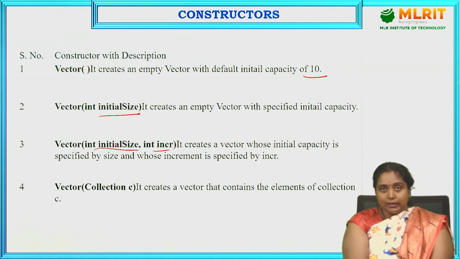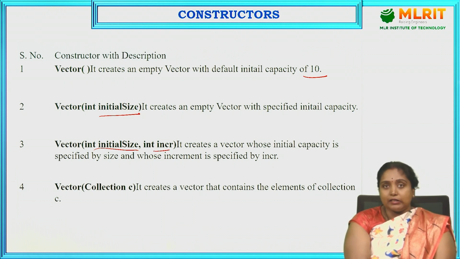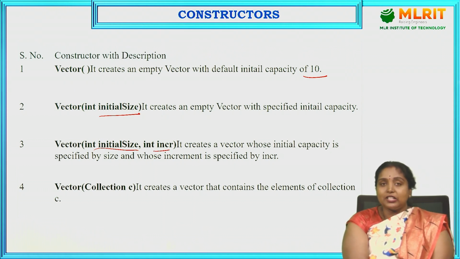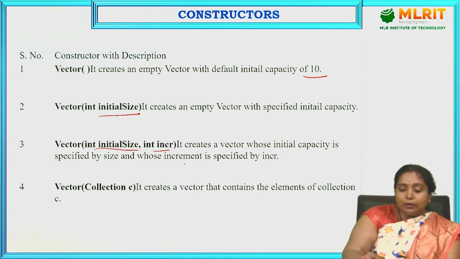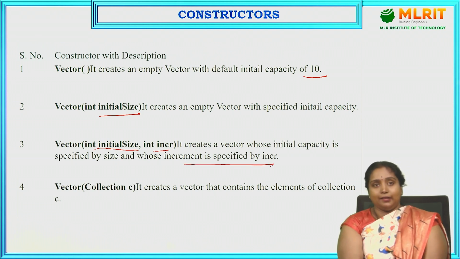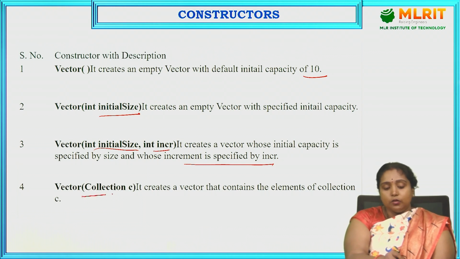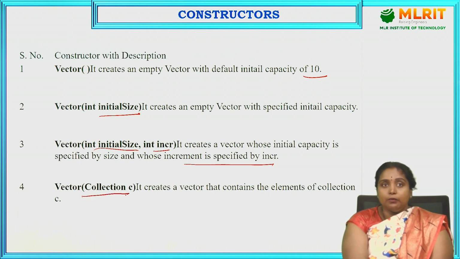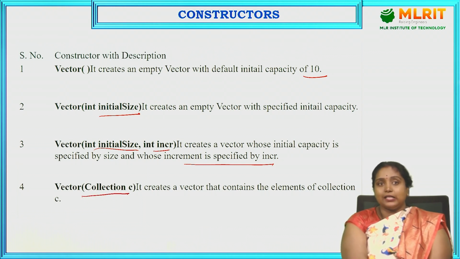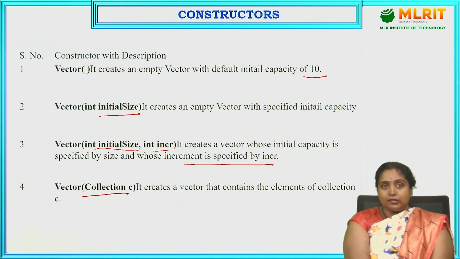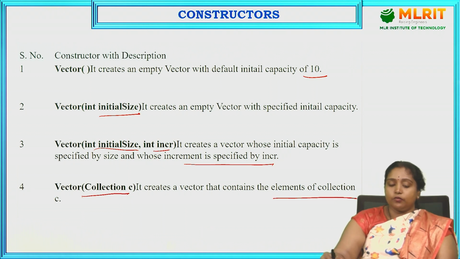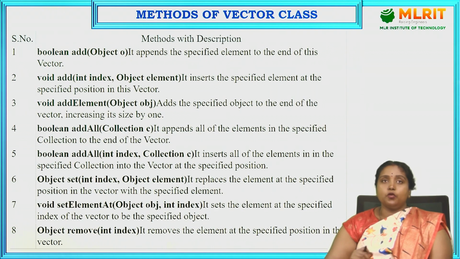It creates a vector whose initial capacity is specified by size and whose increment is specified by incr. And next, you can provide a collection as an argument to the vector constructor such that it will create a vector that contains the elements of that particular collection. So these are the four constructors.